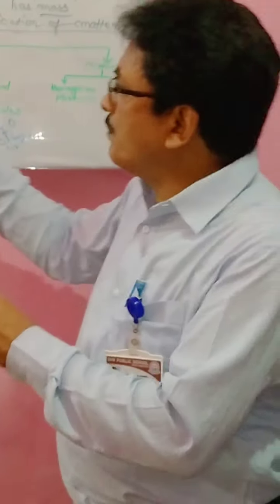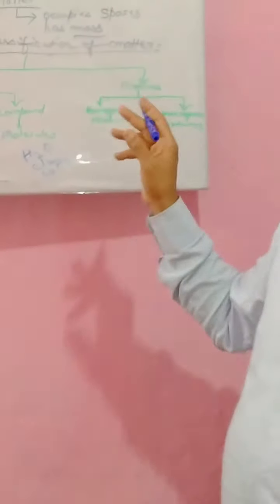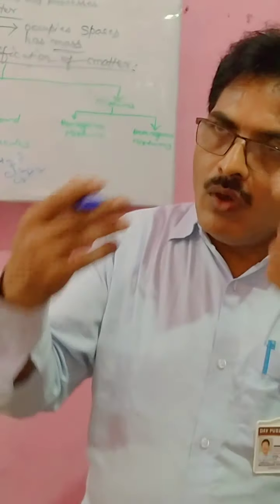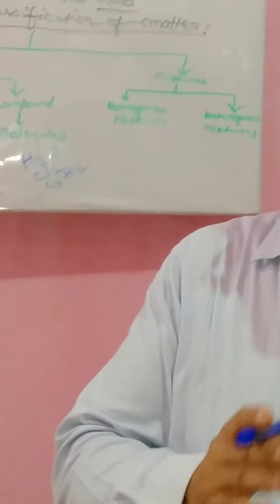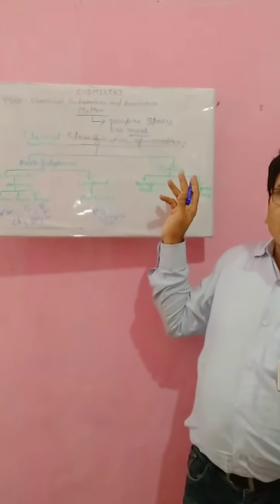This is all about the pure substances. Now, about the mixture. Mixtures are that type of substance which are made of more than one pure substance without any fixed ratio. Right? So this is about the mixtures.